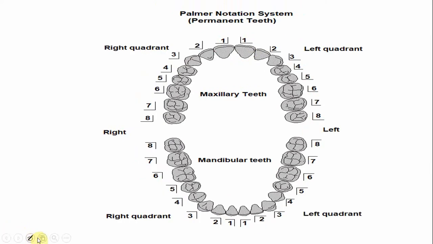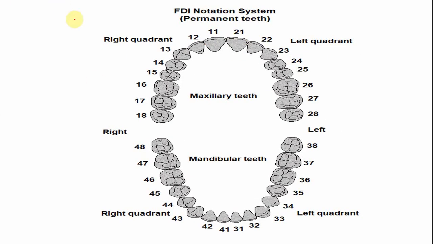In the Palmer notation system, this is the Palmer notation system for permanent teeth, the number of this tooth is 1 for the right and 1 for the left. But the only difference is this symbol. This sign is the only difference to indicate whether the tooth is on the right side or the left maxillary side, I mean. So the third notation system is the FDI notation system.